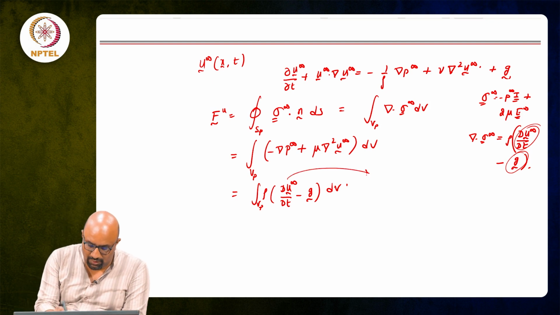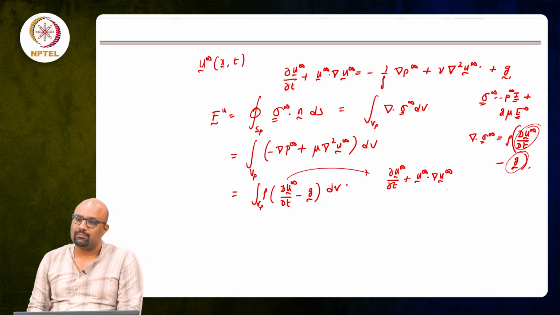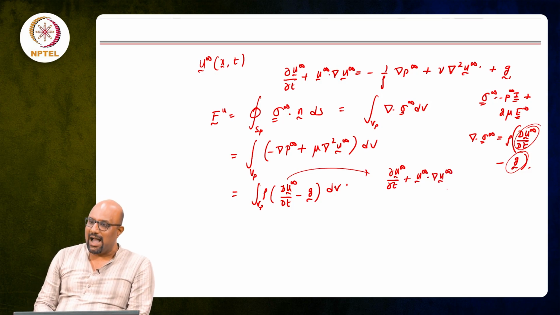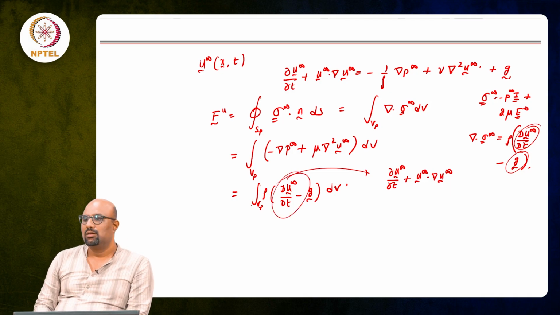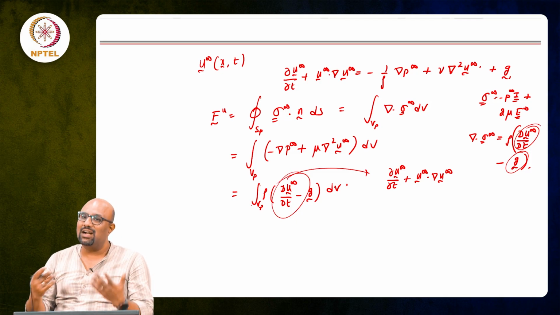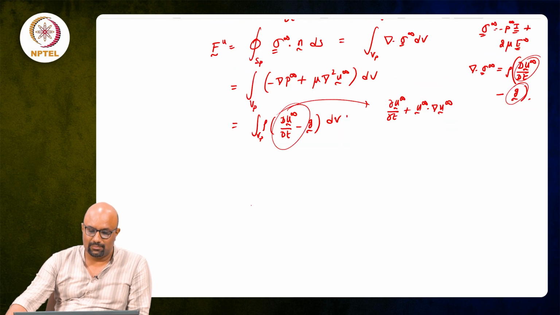So this du infinity dt is dou dou t of u infinity plus u infinity dot del u infinity. So you can have a contribution to your force acting on the particle that comes from the fluid acceleration of the undisturbed flow. So this was the undisturbed part.